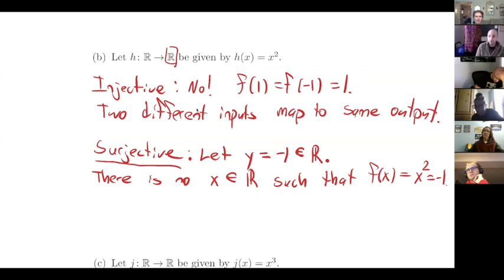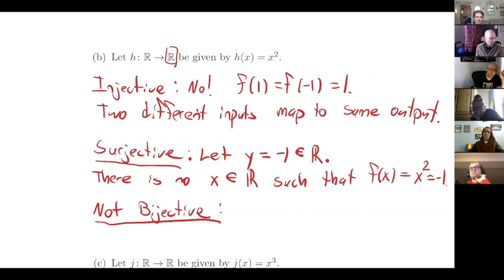If we change the domain from R to complex numbers, maybe we're getting somewhere, but that's not the case here. Okay, so clearly it's not going to be bijective since both of those things are not true, but all we need is one of them to not be true. Any questions?